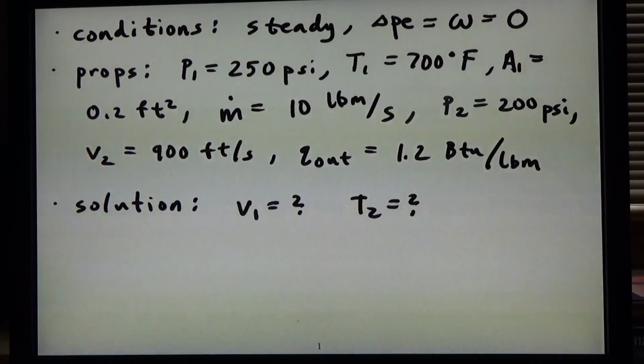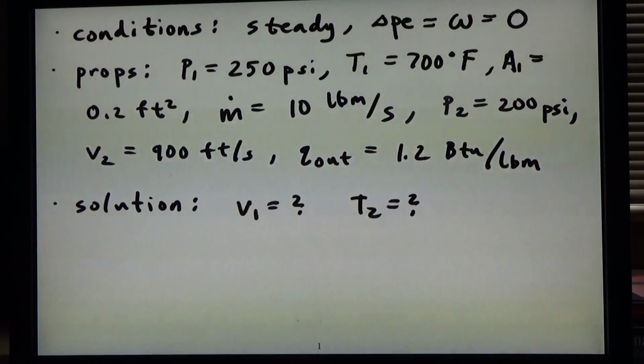So what we can do is we just go through our step-by-step analysis like we've been practicing for each one of these problems. We start off with the mass balance, and along with the mass balance we could potentially use the mass flow rate equation if it's applicable.